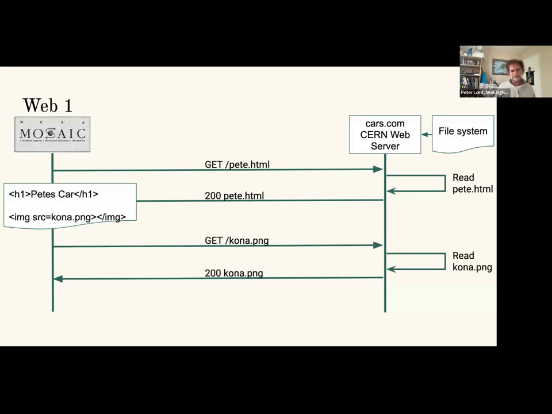So the browser would do a GET of that image, exactly the same process. We'll get the image back, and eventually we'll see in the browser the results of the HTML rendered with the image inside it. So very simple, very standard, and this goes back to the early 90s.